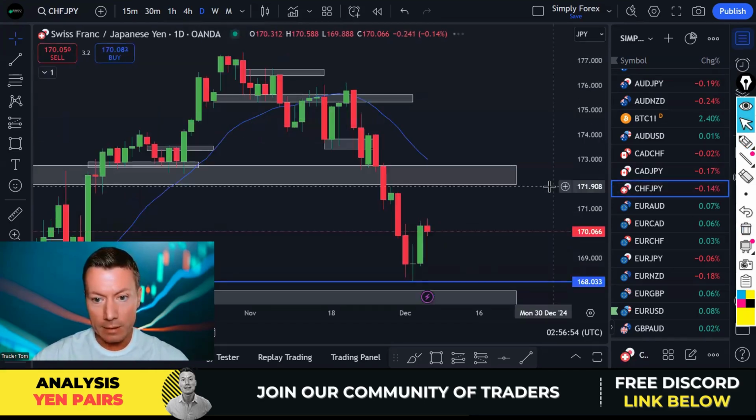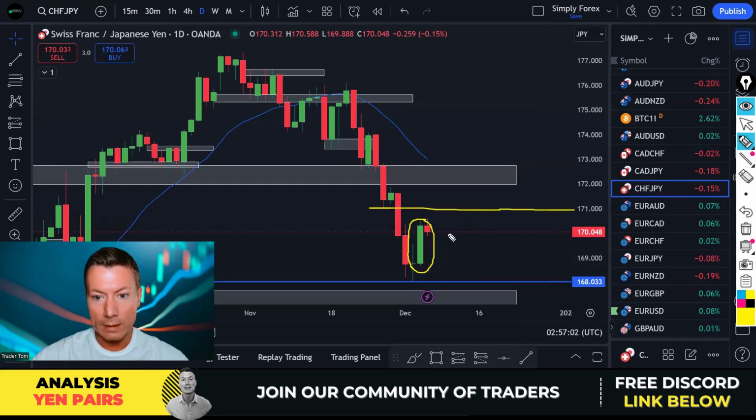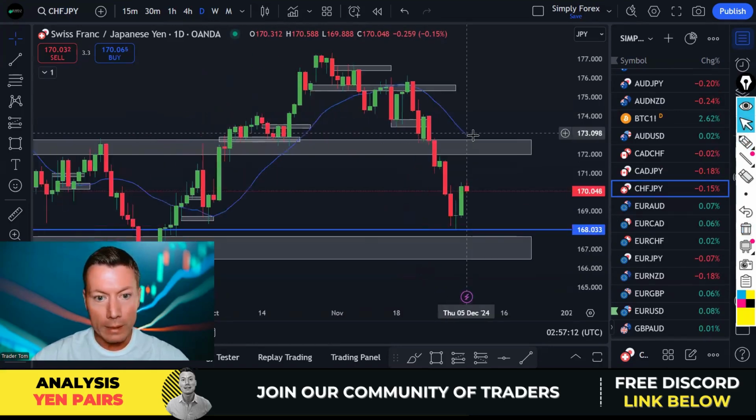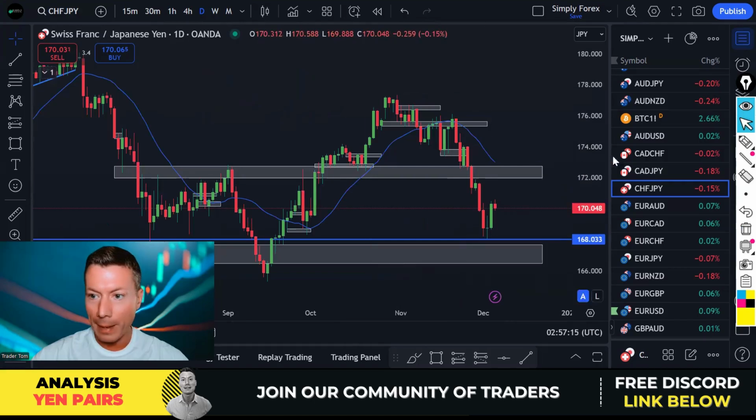Swiss franc yen is another one. Yeah, look at this candle, right? Super bullish. And again, I would aim for this last low in here, maybe this 171 level. We can just take price up a little bit because we're so far away from the moving average 20, right? And if you look at the moving average 20, price always wants to come back to it.